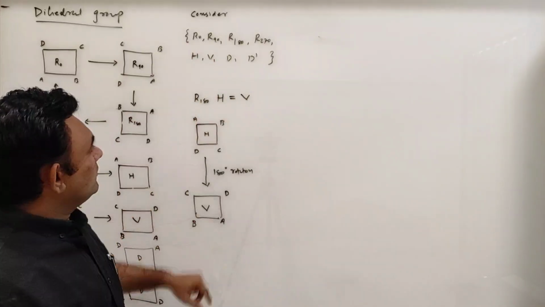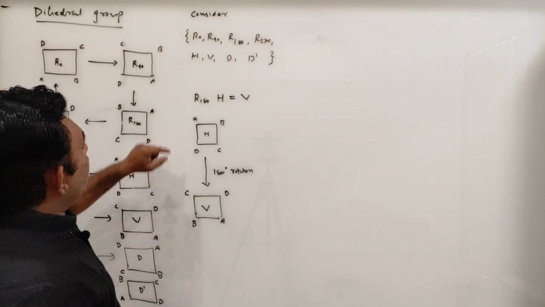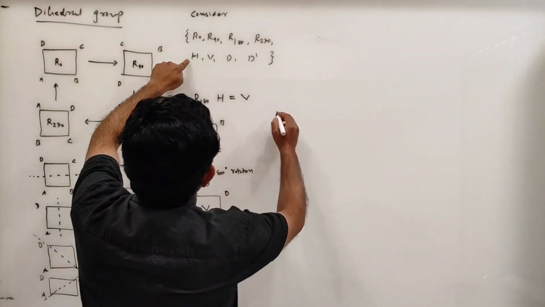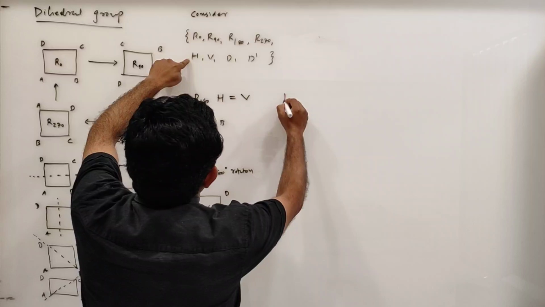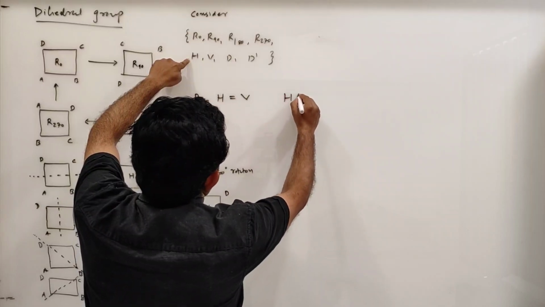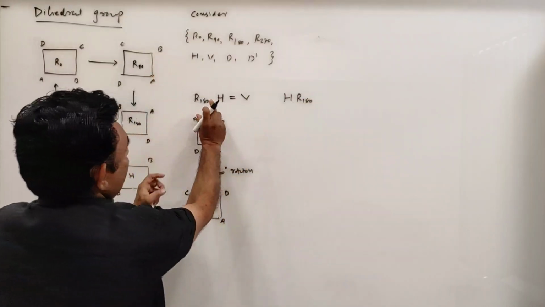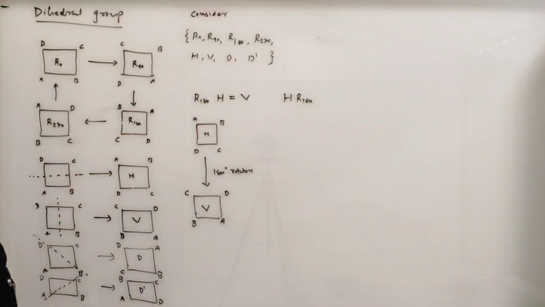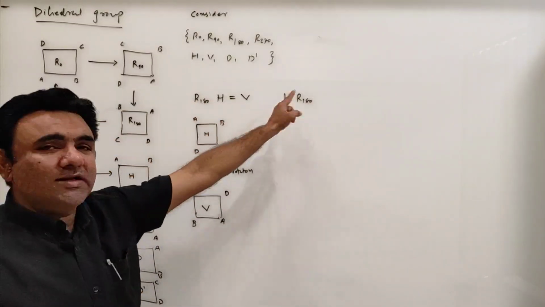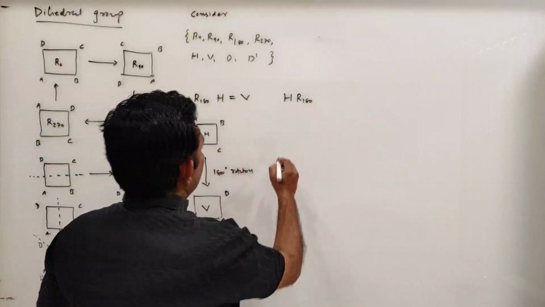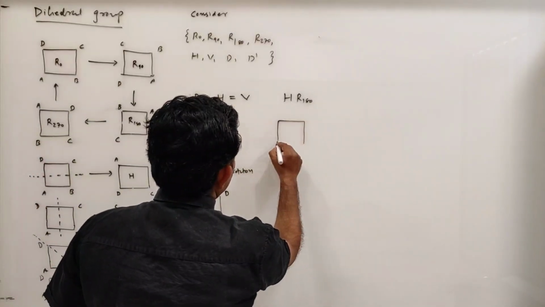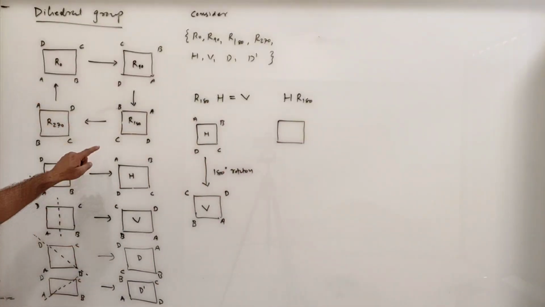See, let us evaluate one more. Let me consider HR180. Just I am taking its reverse. R180H and here HR180. So I have to start with R180. You start with the position R180. What is R180?